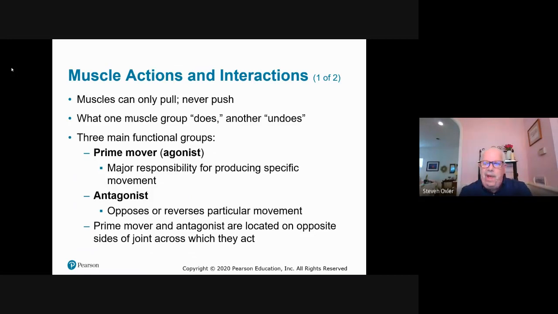So, muscles can pull, they don't push. When one muscle group does something, there is another group that undoes it.